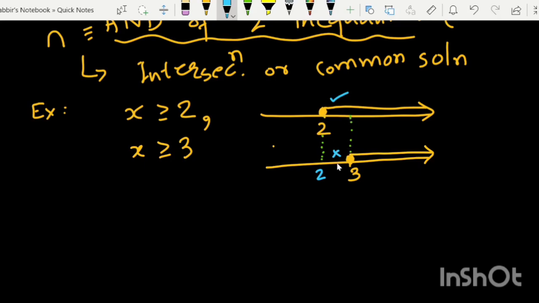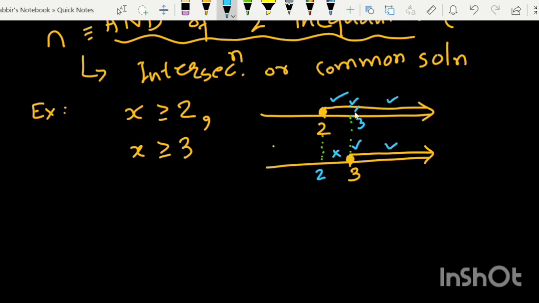So 2 to 3 won't be in the intersection or the common solution. Now here if you can see, 3 is included here, 3 is included here. Okay. Now values greater than 3 are included here also, included here also.